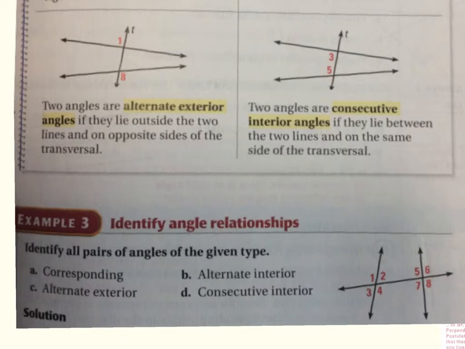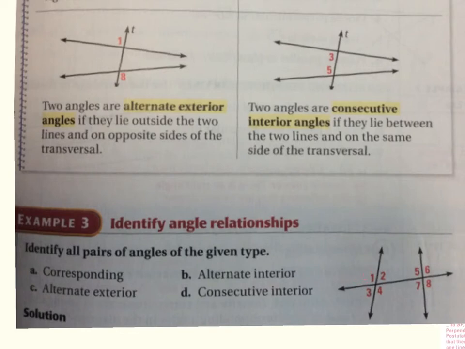So for B, we have alternate interior. Those are on the inside and opposite sides of our transversal here. So that would be 2 and 7, and 5 and 4. Then for C, we have the alternate exterior angles. Again, opposite sides on the outside.